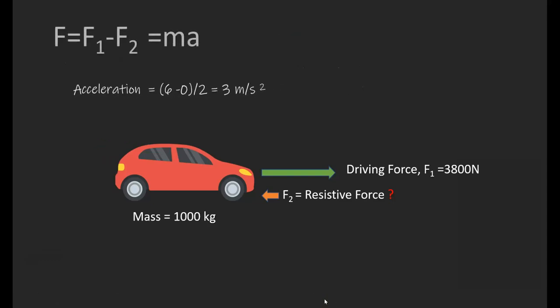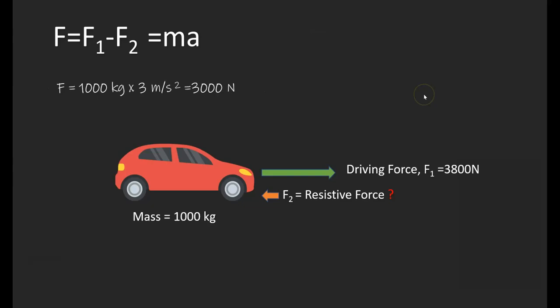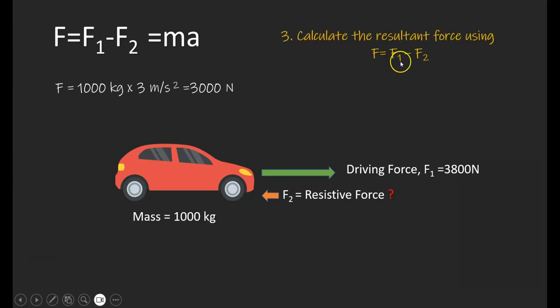The second step is to calculate the resultant force using the formula F equals ma. So we take the mass of 1,000 kilograms multiplied by the acceleration that we have computed, and that gives us a resultant force of 3,000 Newton. Next, we calculate the resultant force using the formula F equals F1 minus F2, which is 3,800 Newton minus F2.